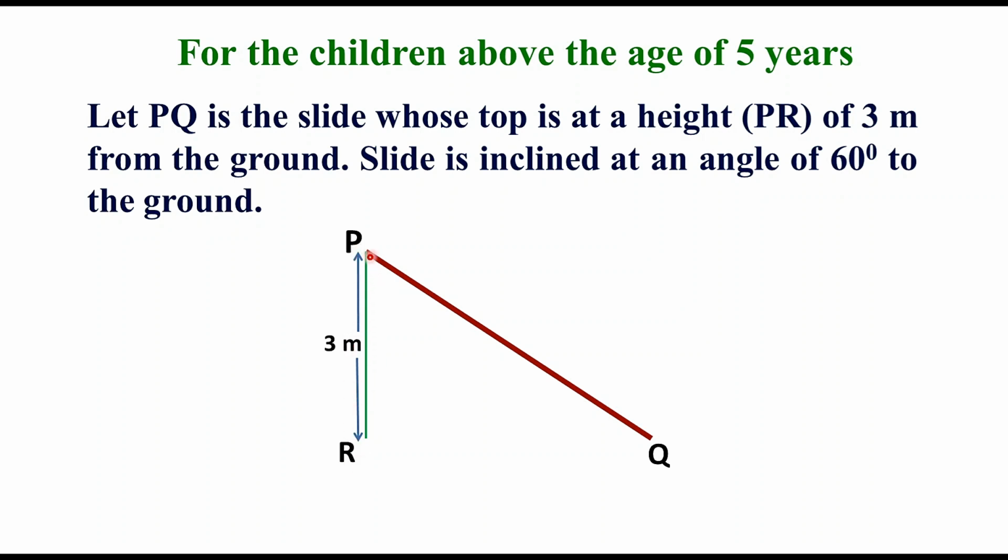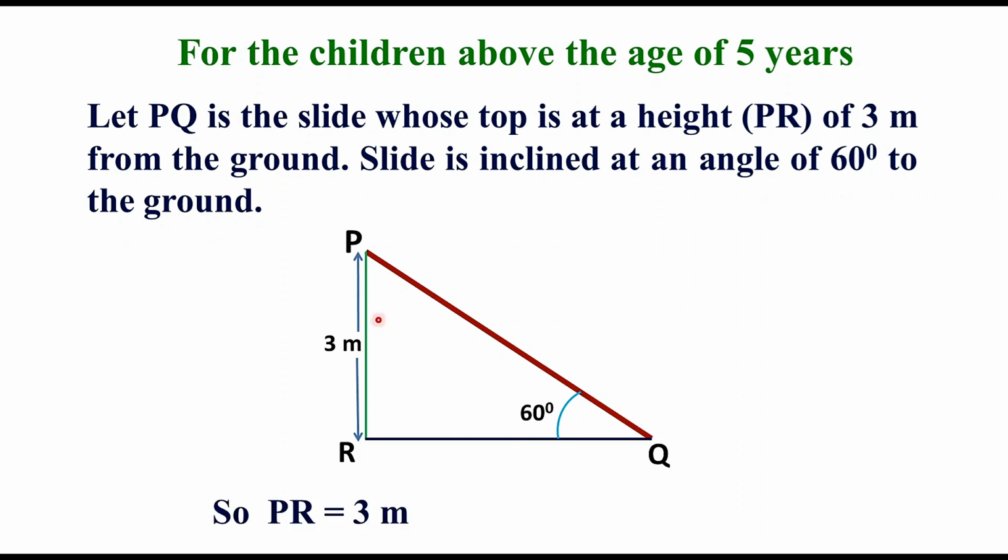So the top is at a height of 3 meter from the ground. Point R is on the ground, and the slide is inclined at an angle of 60 degree to the ground this time. So PQ is the slide, RQ is the ground level, and angle of elevation from point Q to the point P is 60 degree.